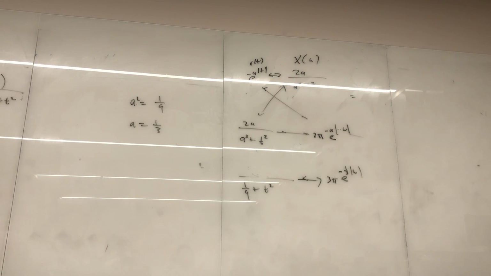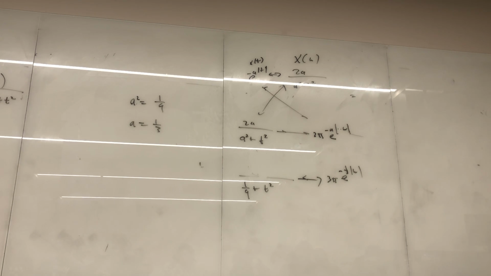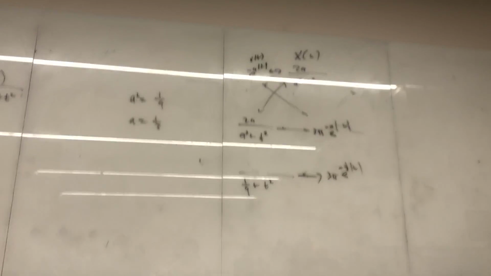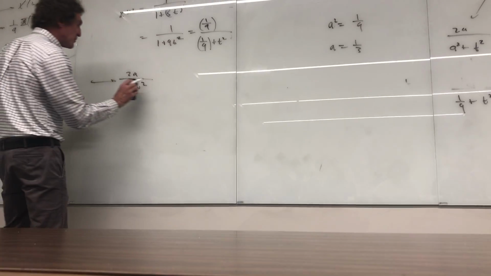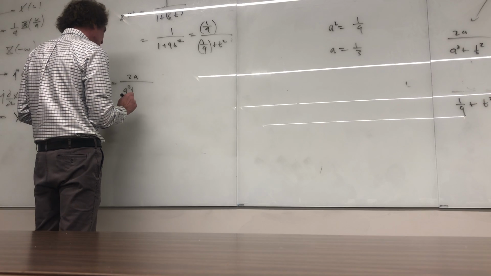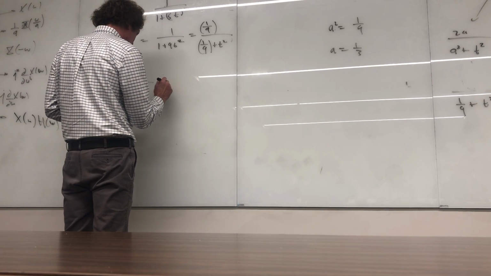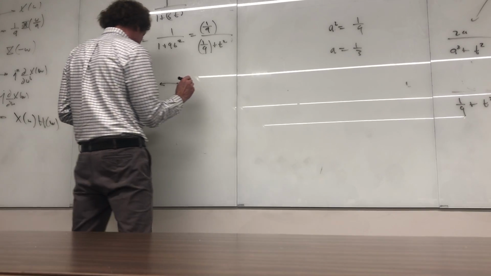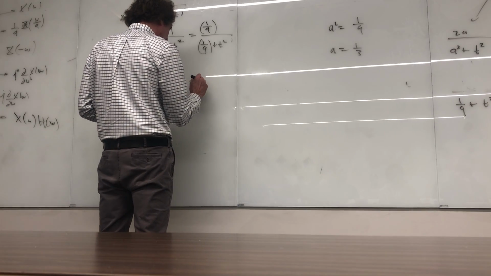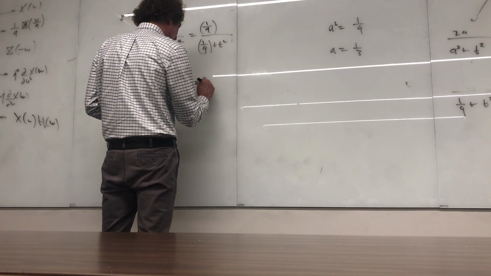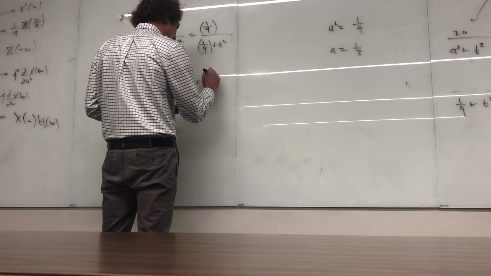I know that when I have 2a over a squared plus omega squared, that goes to 2 pi times e to the minus a times magnitude of omega.